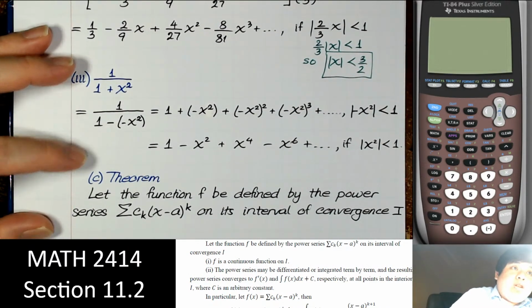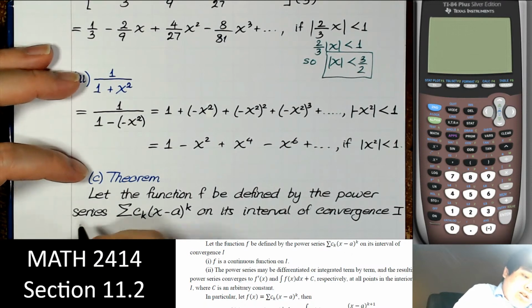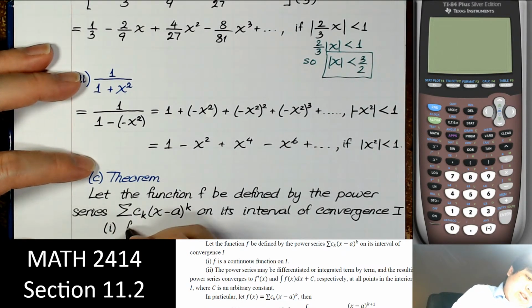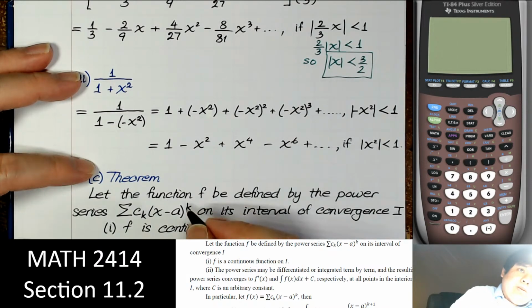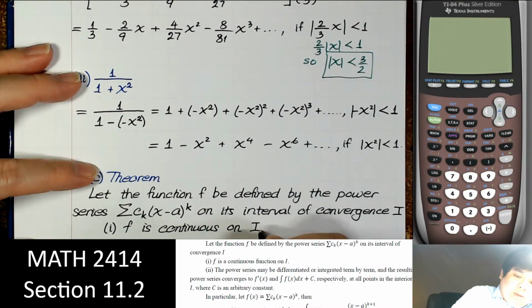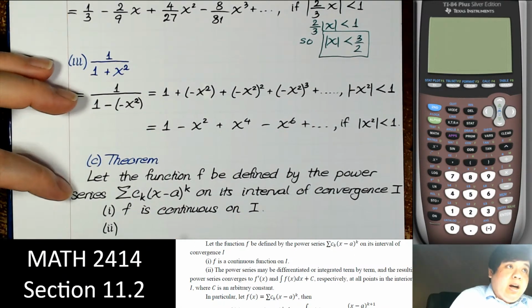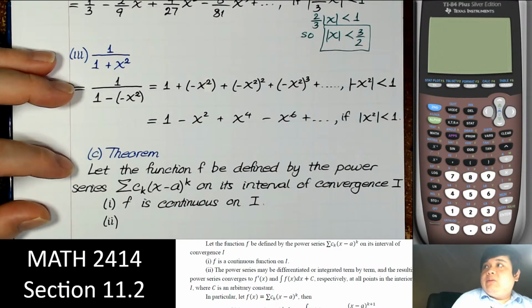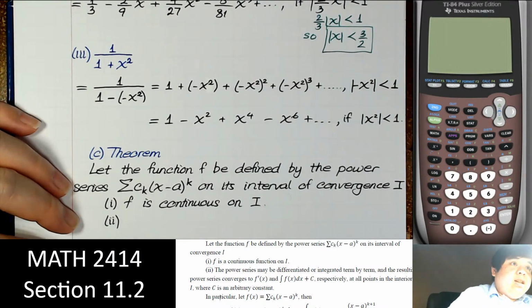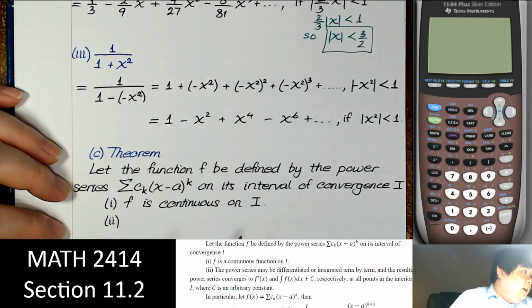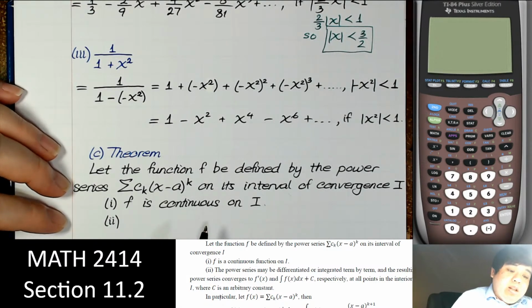If it has the power series representation, then the function is continuous. Again, if it has the series representation and that series is convergent, the function is continuous. And next, we can integrate and differentiate the series term by term.